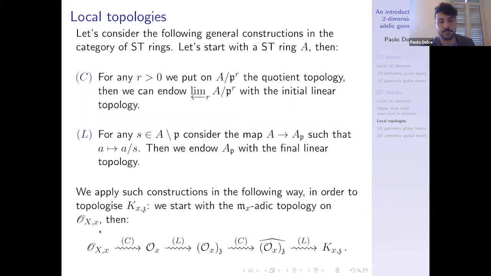You start with the local ring, with the adelic topology. This is of course a topological ring, but in particular a semi-topological ring. So in this category, you can carry all these operations CL, as explained here, and you get a topology on the two-dimensional local fields K_{X,Z}. So this is a more precise definition of what I meant when I said that we can carry this topology in a canonical way. I think that is what I want to say about the local data.